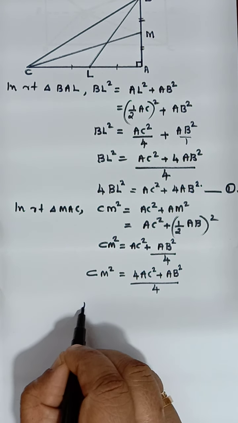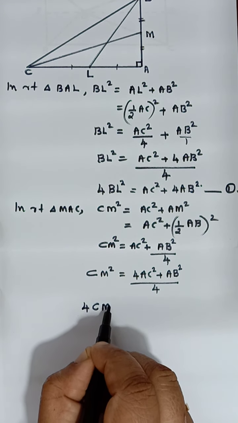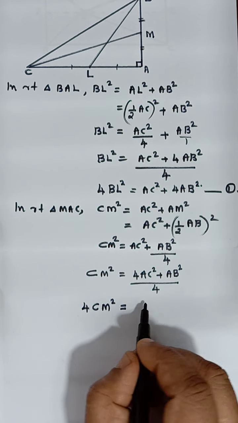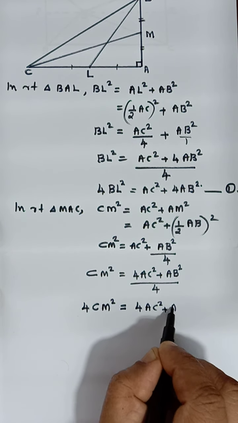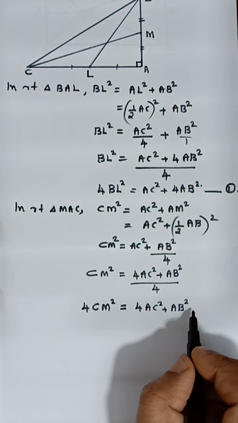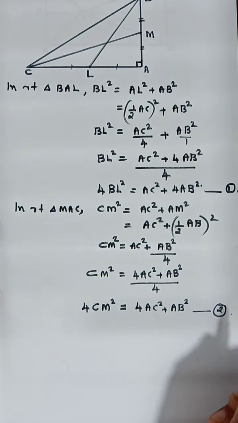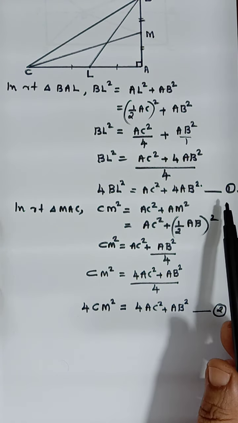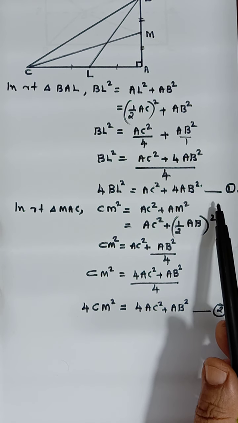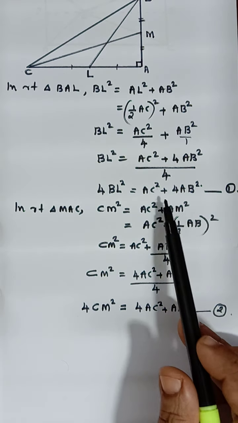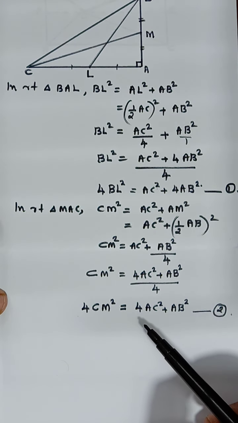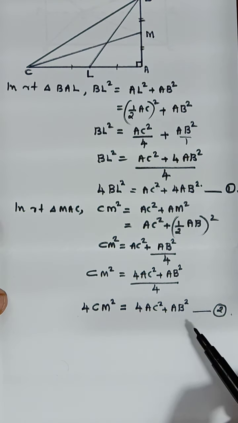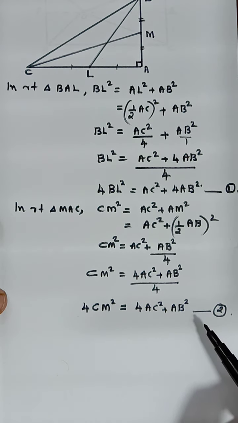Then again by cross multiplication we get 4 CM square is equal to 4 AC square plus AB square. This is our equation number 2. Here equation number 1 is 4BL square equal to AC square plus 4AB square. In the second equation we have 4CM square equal to 4AC square plus AB square.